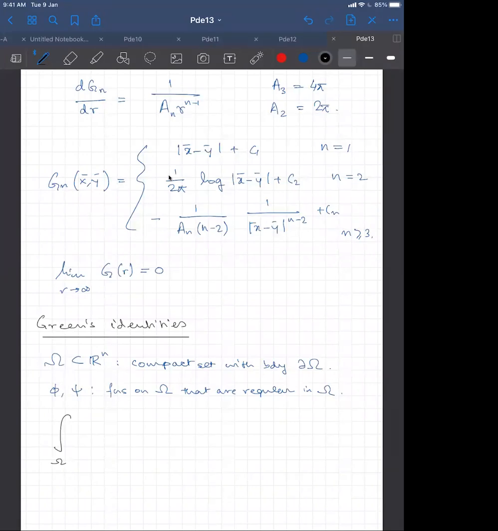The integral over omega of grad of these is going to be simply psi del squared phi minus phi psi dv.